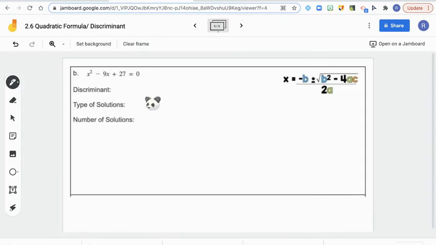Now again, we want to start with our discriminant. So we're going to look at b squared, which in this case is negative 9 squared, minus 4 times a times c. Well, negative 9 squared is 81.